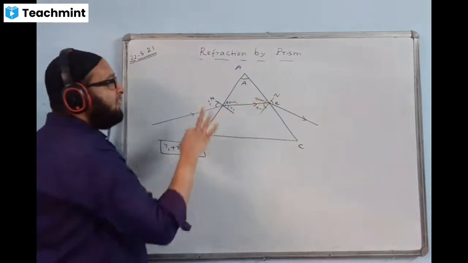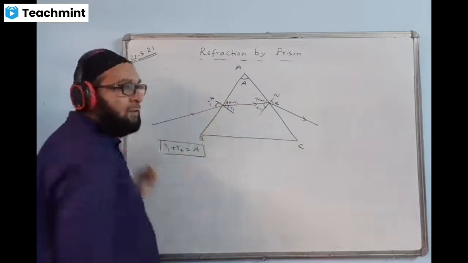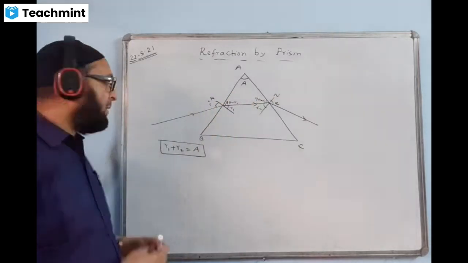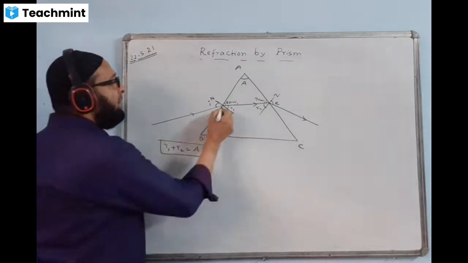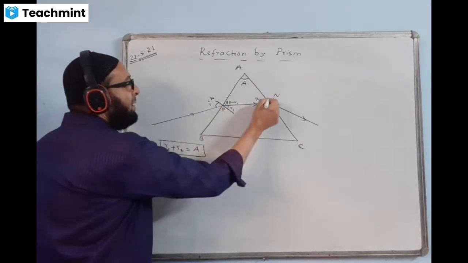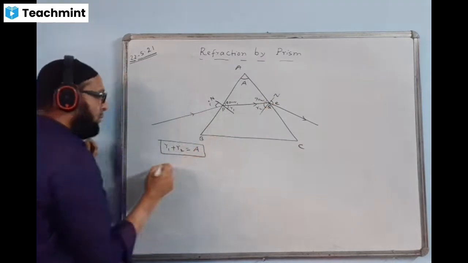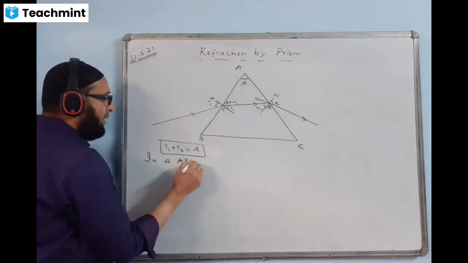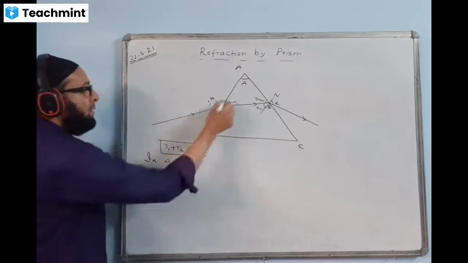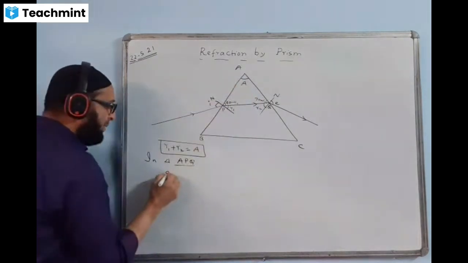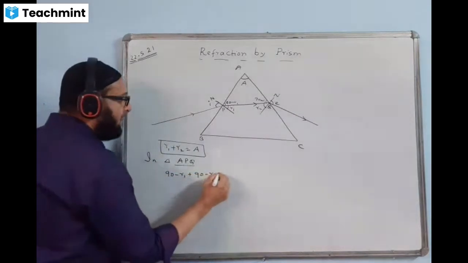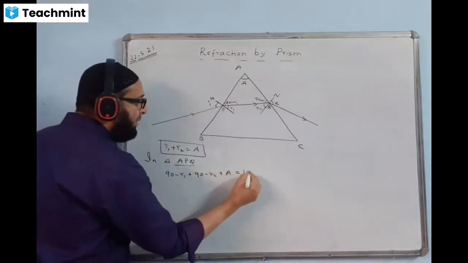So we have three angles of a triangle, 1, 2, 3. We know the sum of all the angles of a triangle is equal to 180 degrees. So we'll apply that. You can name it A, P, and this point I'll take as Q. You can write here, in triangle APQ, 90 minus R1 plus 90 minus R2 plus A is equal to 180 degrees.